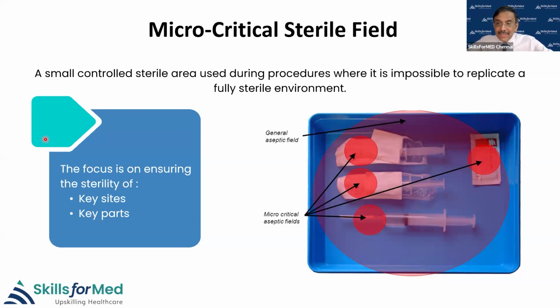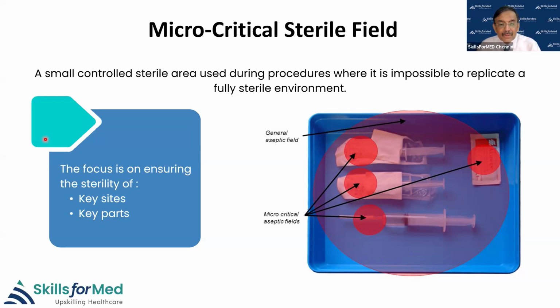Because it is a sterile trolley, these syringes and needles can be dropped into that sterile field. That happens in the operating theater, whereas in the ward you don't have such a sterile trolley. It is impossible to replicate that.